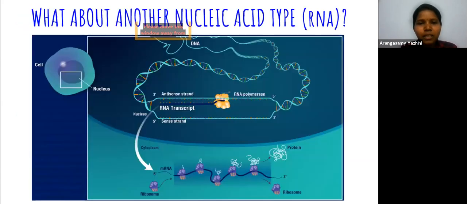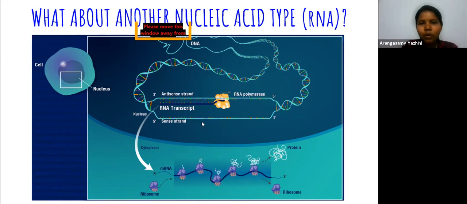So next, let's move on to the other nucleotide type, because we are dealing with the basic components. We can understand everything from the basic aspect. So we are looking into the next basic component, which is RNA. I think the last session was about RNA, and I'm sure young minds are already well aware of it.